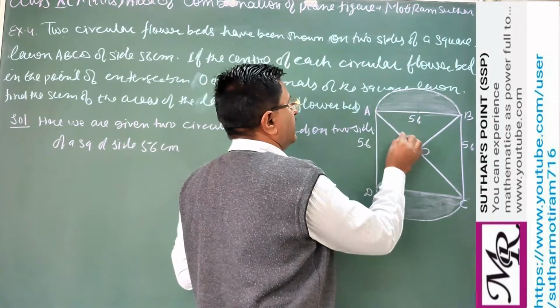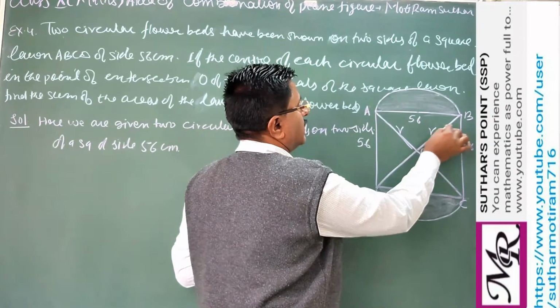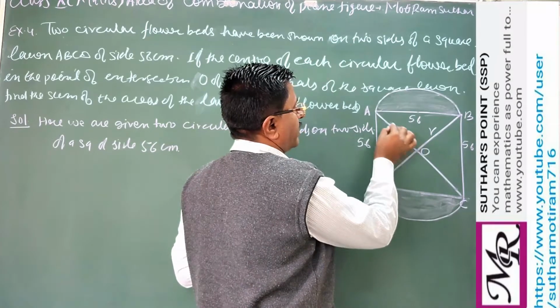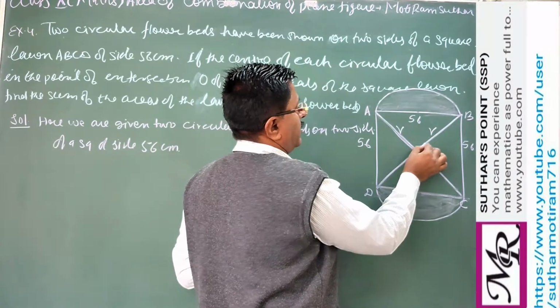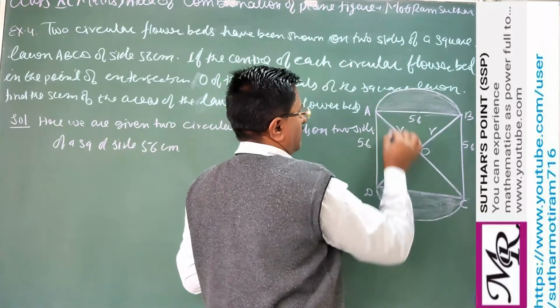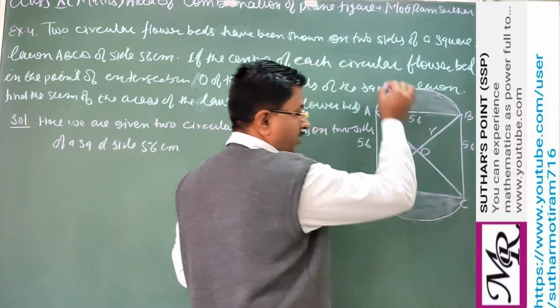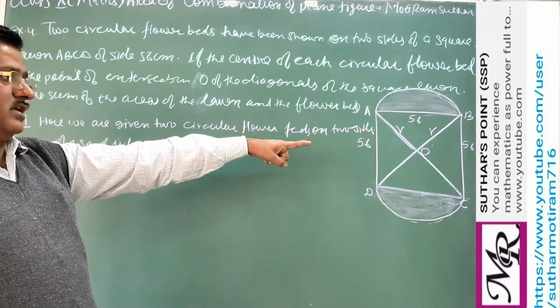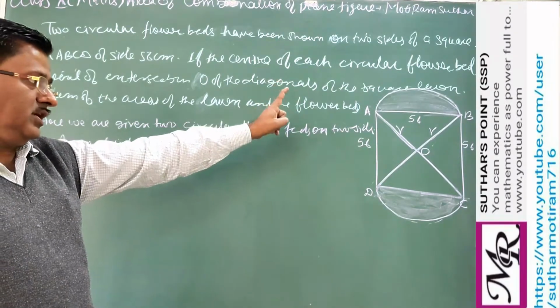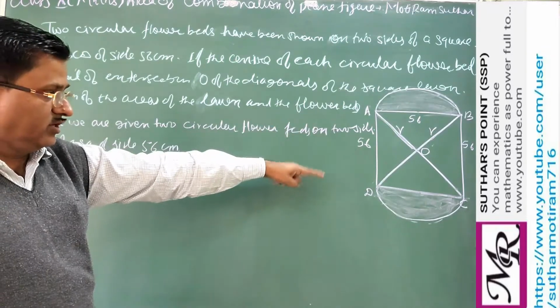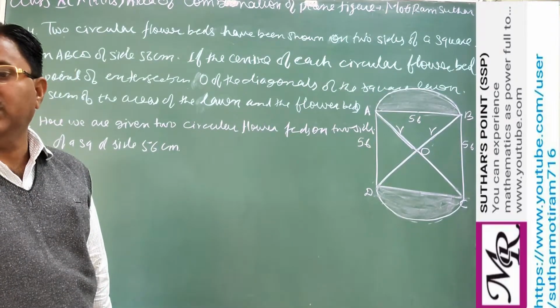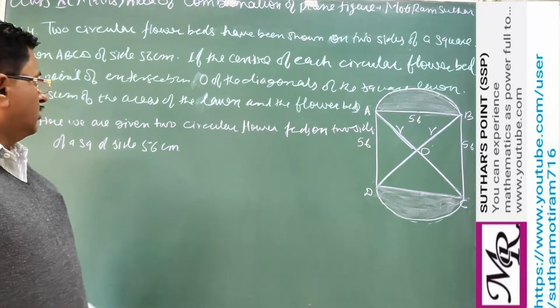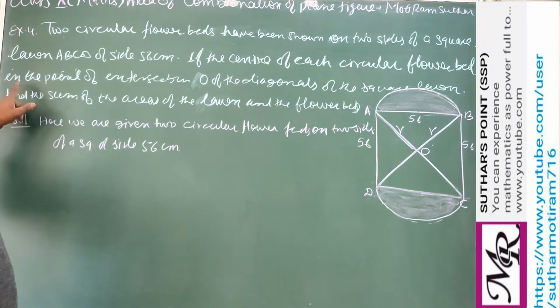And now, if the center of each circular flower bed, this is the center, O is the center of the two circular flower beds. Clear? So the center of the circle is O. Then AO or OB or OD or OC all represent the radius of this circle.